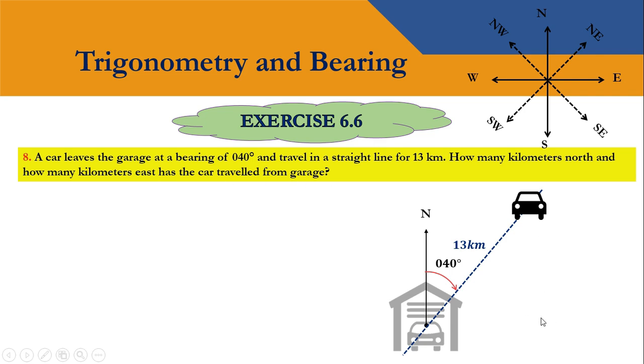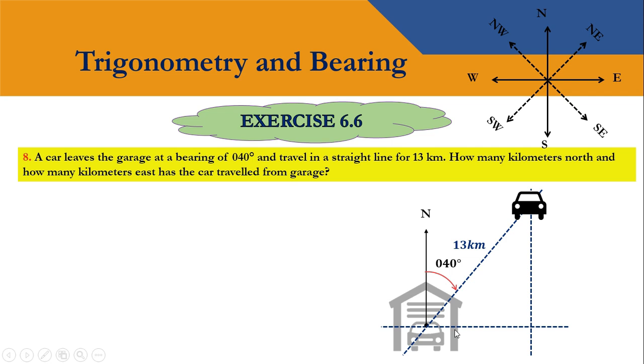So we have to find the distance in the north direction and in the east direction which the car has traveled. As you know, this is a right angle triangle because north is perpendicular to the east direction. So that's why this triangle is already a right angled triangle.